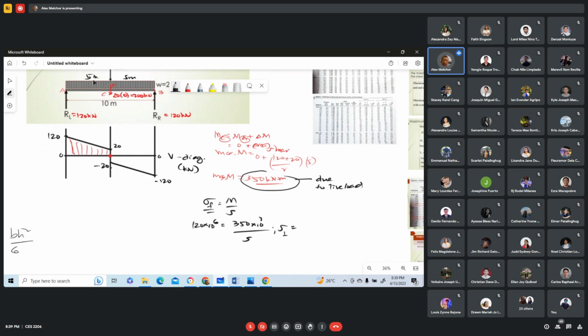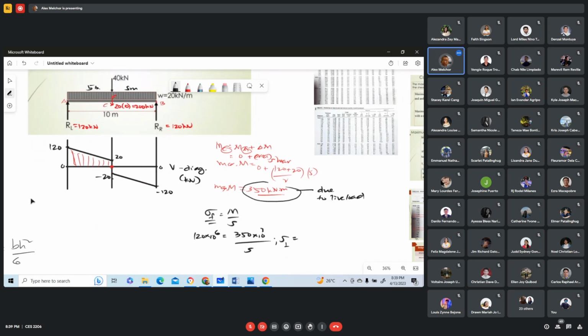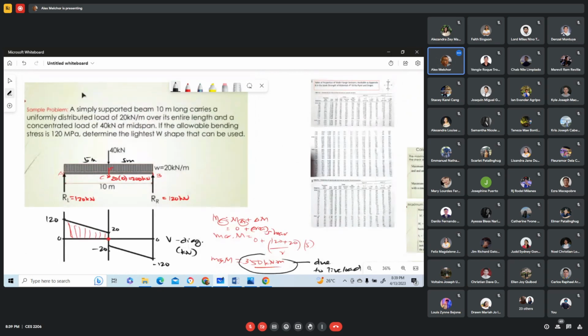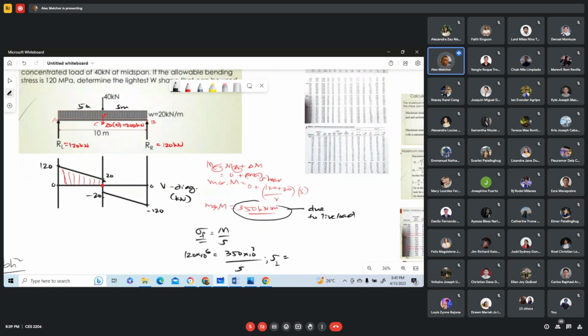This one carries a uniformly distributed load and a concentrated load, so all of these are live loads. So the maximum moment that we have just computed is the moment due to live load.